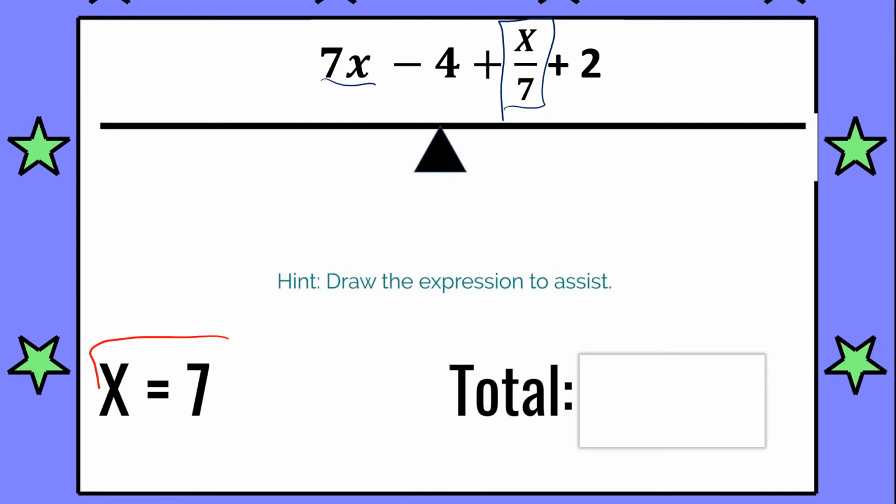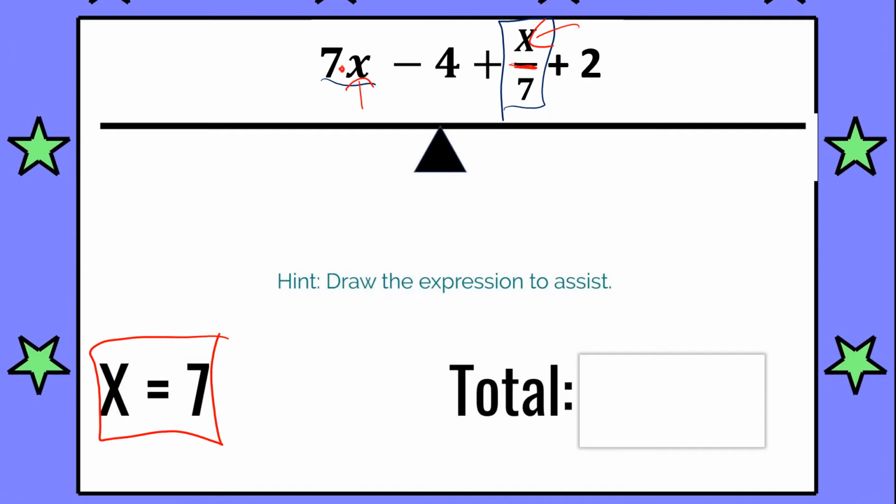I come down here to find out what they tell me the value of my variable is. It's actually a 7. So right here for that x, and again here for that x, I'm going to change those, or it's called substitute, the 7 in for that x. And when I do this, I've got to remember that what I show right here is multiplication, and then right here's my division.